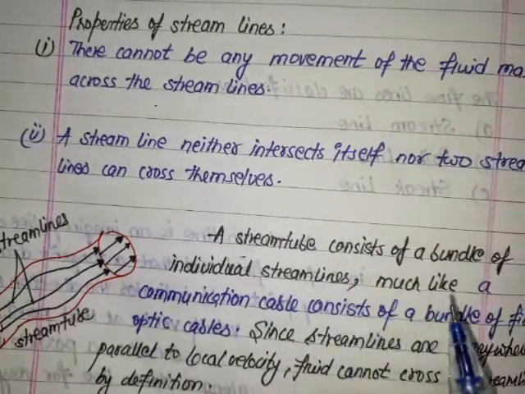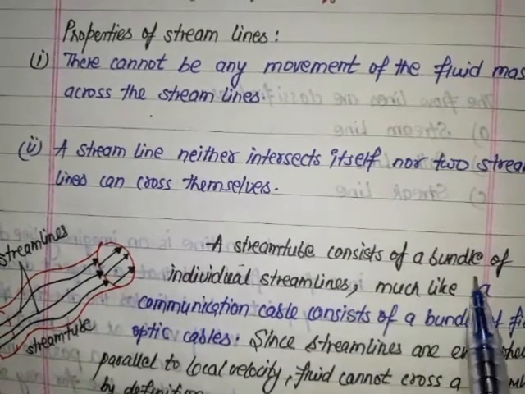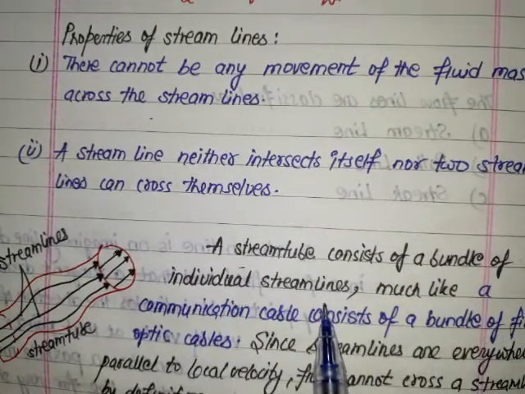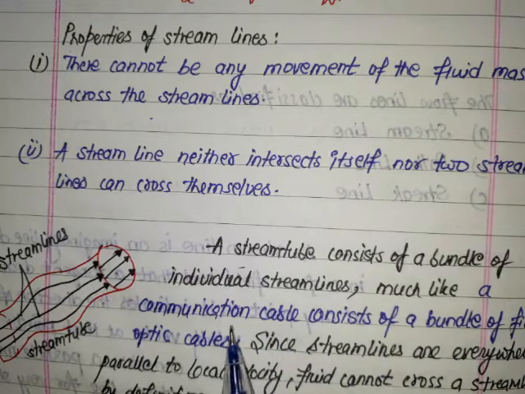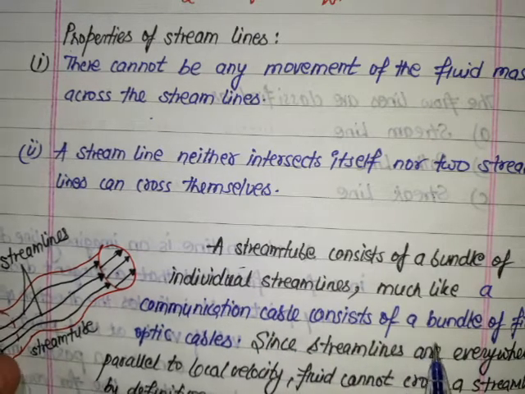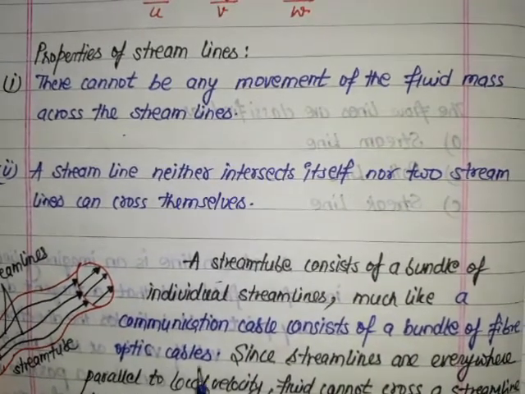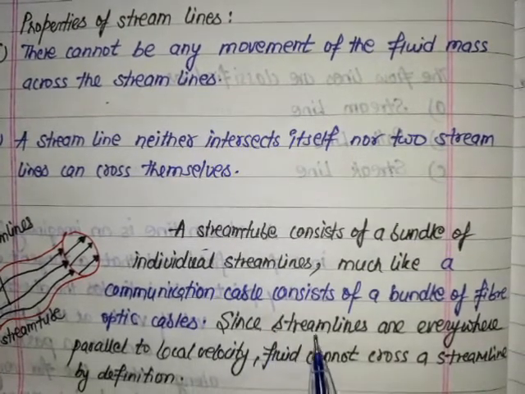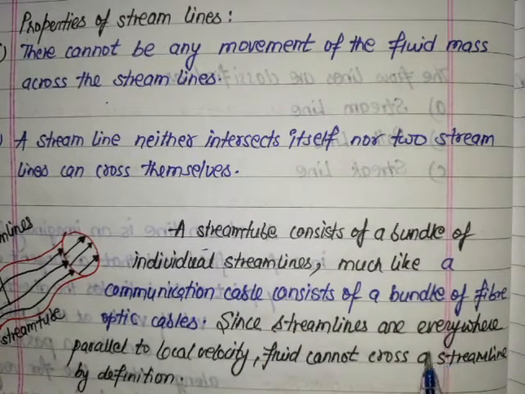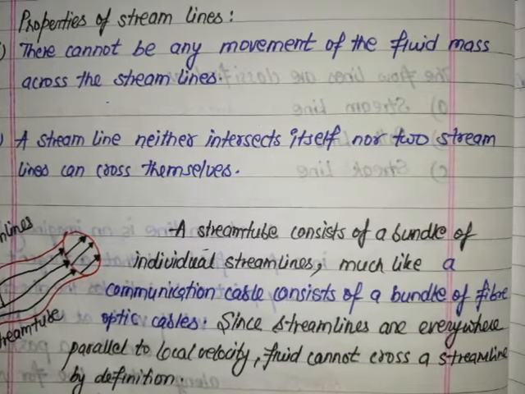A stream tube consists of a bundle of individual streamlines, much like a communication cable consists of a bundle of fiber optic cables. Since streamlines are everywhere parallel to the local velocity, fluid cannot cross a streamline by definition.